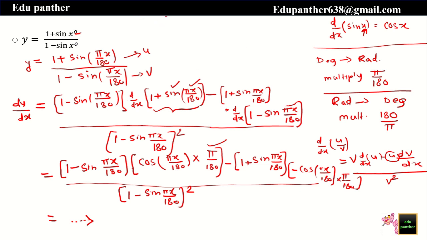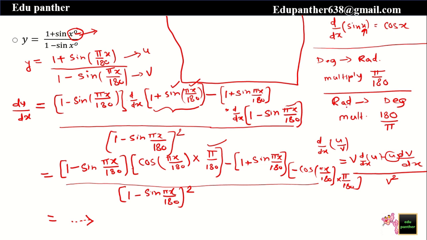So for this sum, what is our key point, as in what we should remember from this problem, that if we have any trigonometric term where angle is written in terms of degree, so before differentiation we have to change that angle from degree to radian, and then how to convert degree into radian, multiply that angle with pi upon 180.